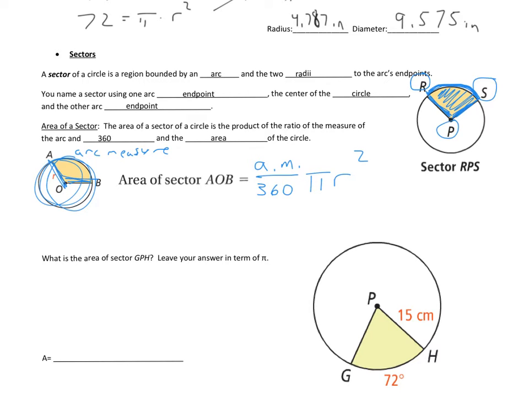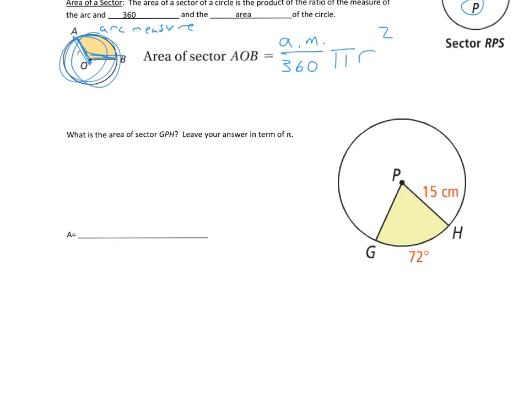If we had exactly a semicircle, well, that's 180, and 180 over 360 would be 1/2 pi r squared. So let's look at a few examples and see how this will play out. It's really nice because, genuinely, guys, you're just using a formula. So I'll write my formula out like this. The sector equals the arc measure over 360 times pi r squared.